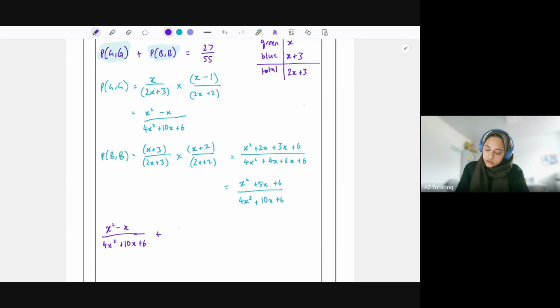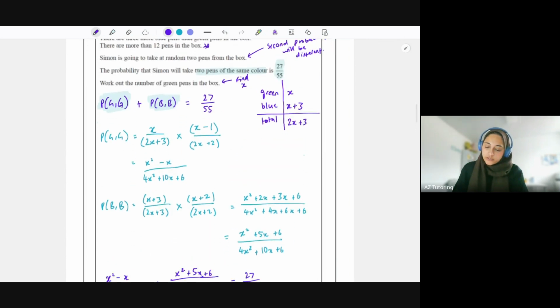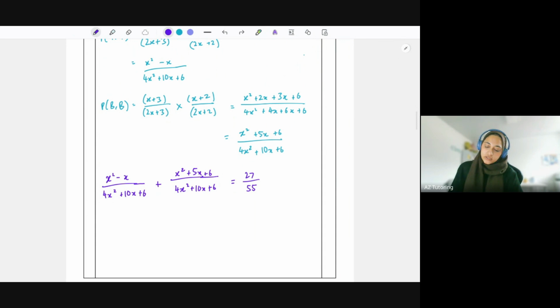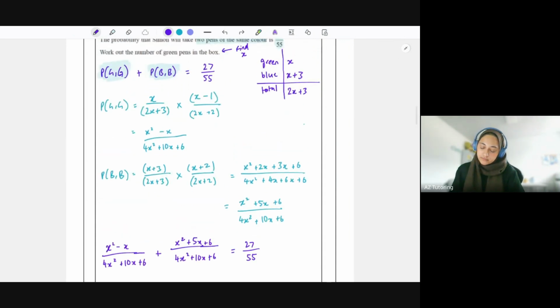We're adding that to probability of blue, blue, which we found here, 4x squared plus 10x plus 6 on the denominator. And we know that this equals 27 over 55 because it told us in the question that the probability he'll take 2 pens of the same color is 27 out of 55. So this is essentially what we're solving.